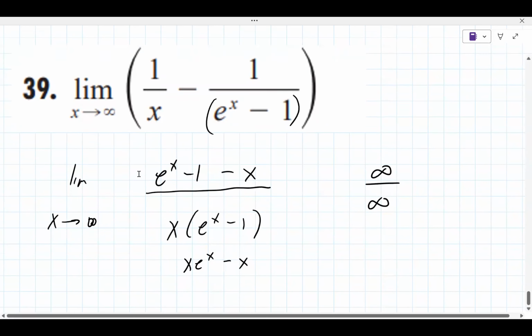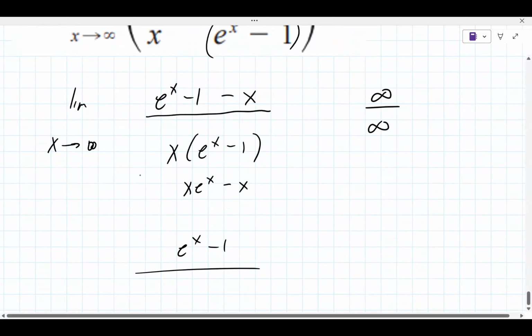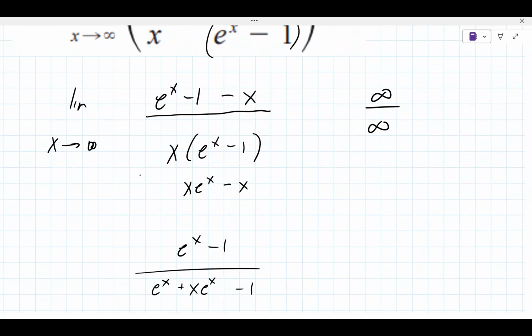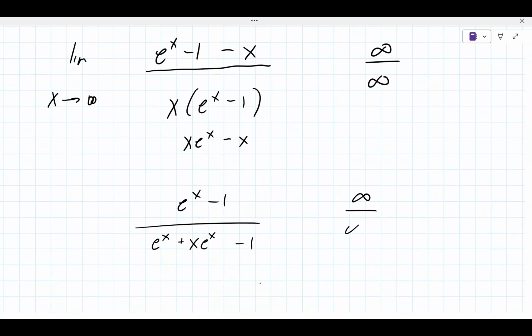Okay, so for the derivative, I got e to the x minus 1 over e to the x minus 1 plus x times e to the x. And then you need to plug in infinity: x plus x e to the x minus 1. I'm pretty sure it's still infinity over infinity because e to the power of infinity is infinity. It is, but it does get better.